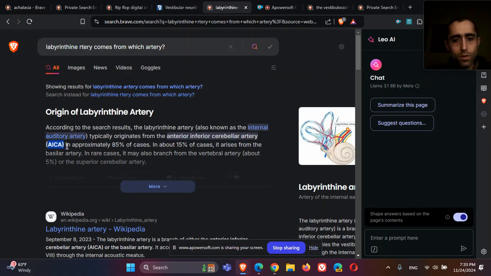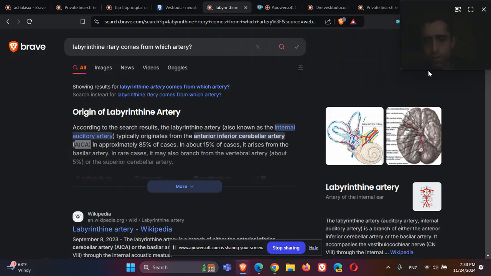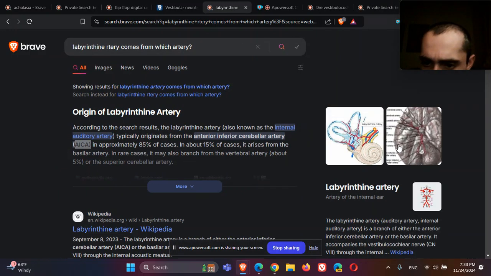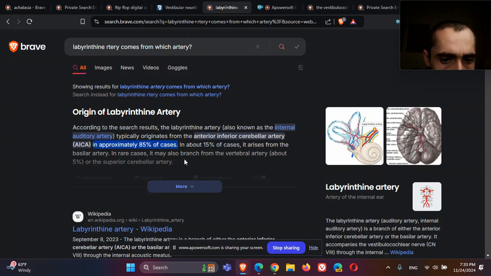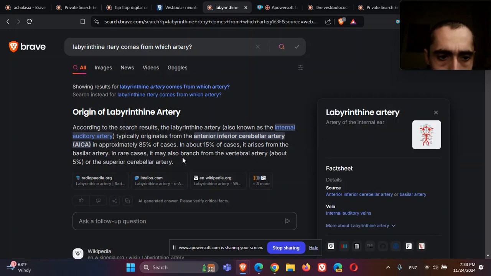Here it is. This is what I thought, that the labyrinthine artery is a branch of the anterior inferior cerebellar artery. You can see it right over here. It approximately runs from the basilar artery. Usually it comes from the internal auditory artery, typical of the anterior inferior cerebellar artery. Yes, as we thought.